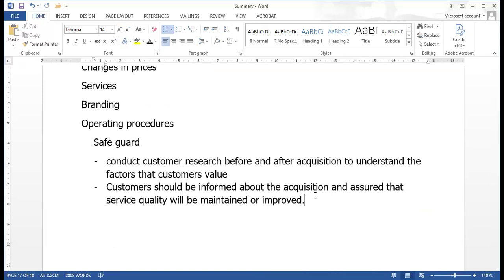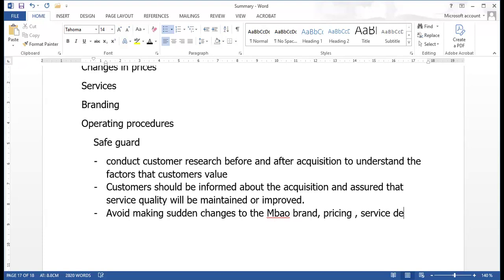Also, another safeguard is that after acquisition, you should avoid making certain changes to the Mbayo brand, to the pricing, service delivery. Don't immediately change.